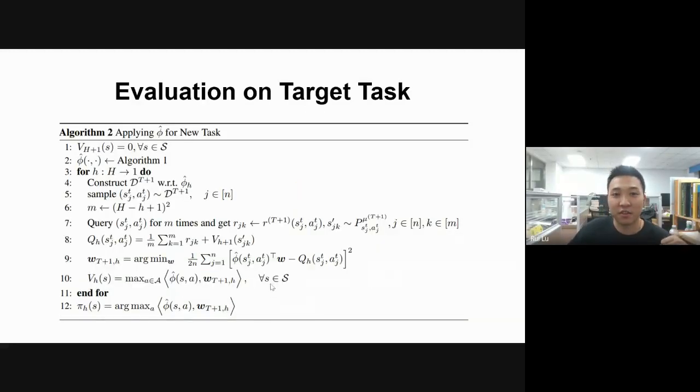So when you evaluate your learned representation on the target task, the overall procedure is quite similar, except that now you don't need to optimize the phi.